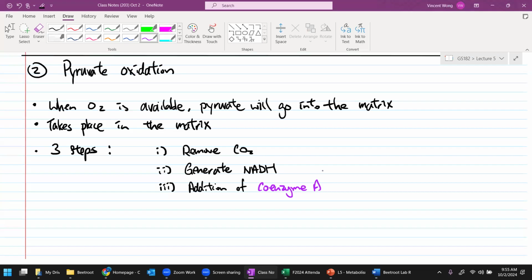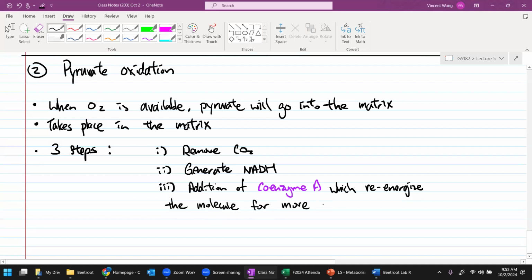It's kind of like refueling the tank, if you would. So addition of coenzyme A re-energizes the molecule for more reactions.